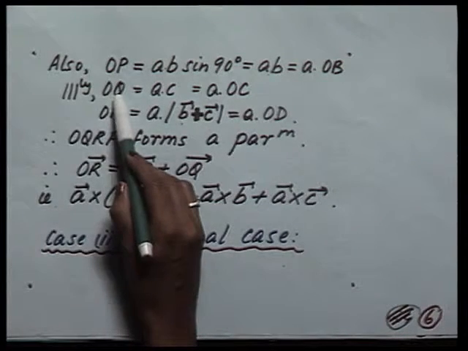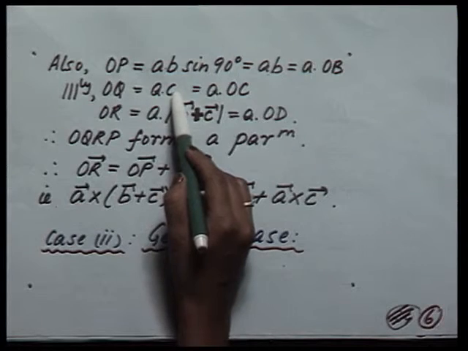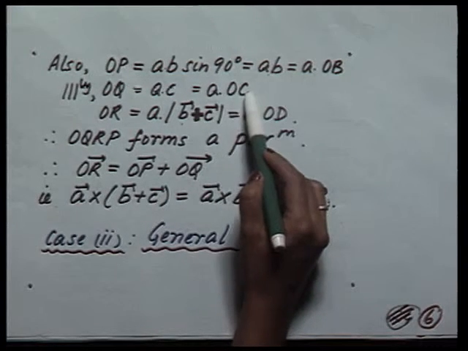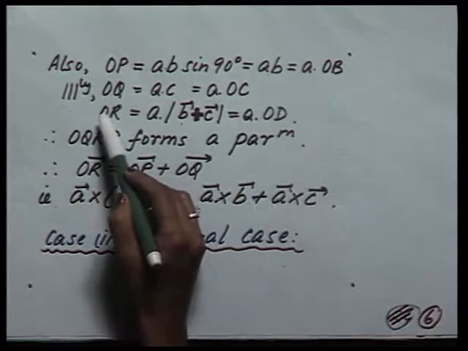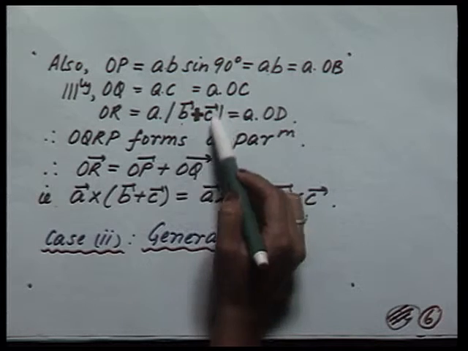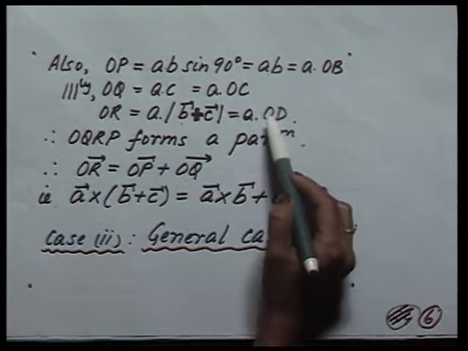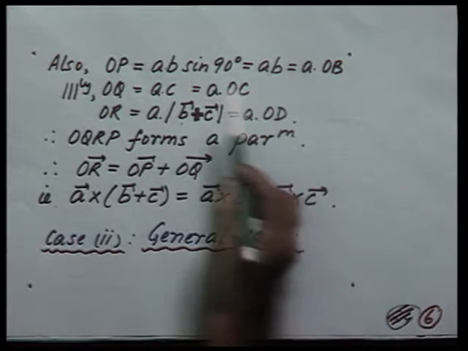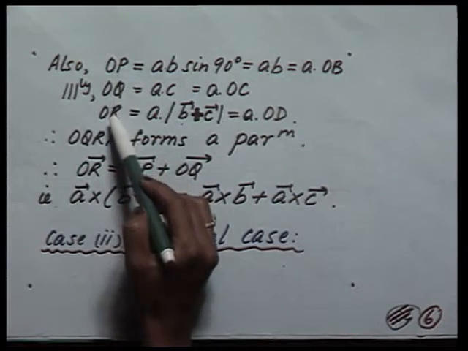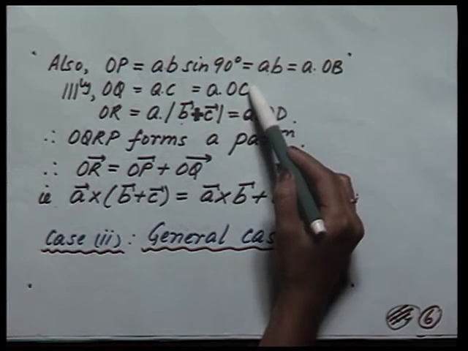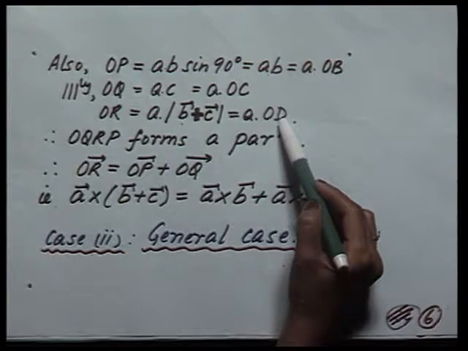Similarly, OQ is the magnitude of A cross C, which turns out to be A into OC, and OR is equal to A into the magnitude of B plus C, which is nothing but A into OD. So, we find that the lines OP, OQ, OR are proportional to the lines OB, OC and OD.